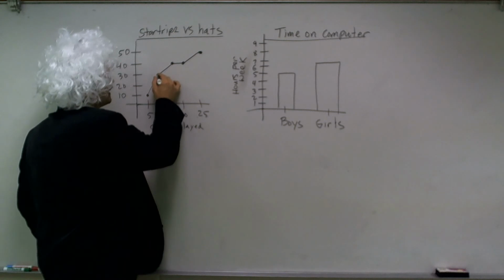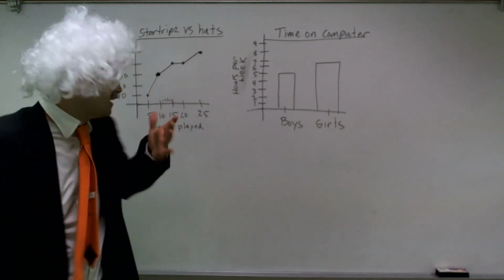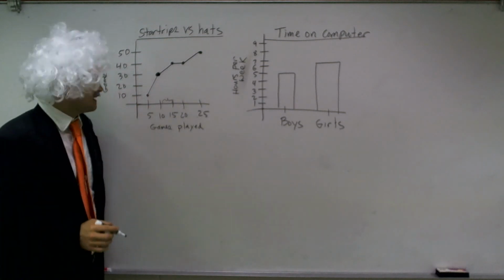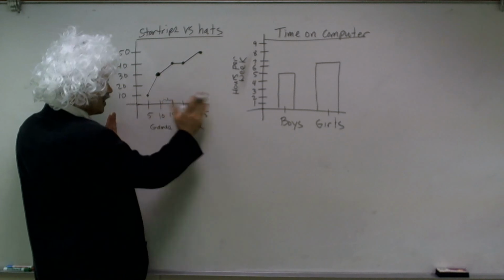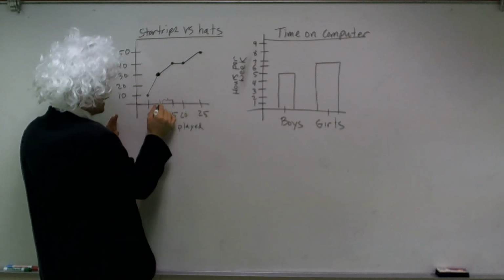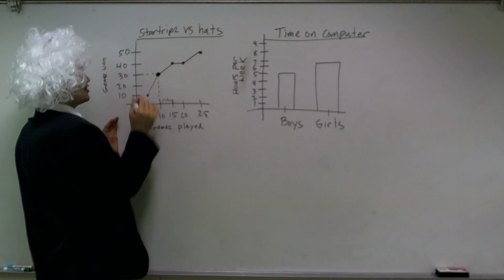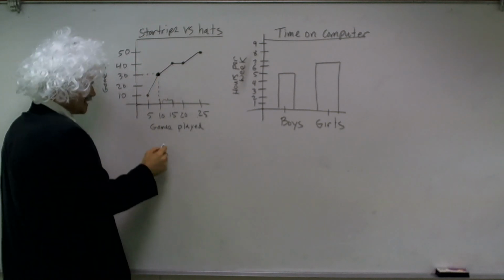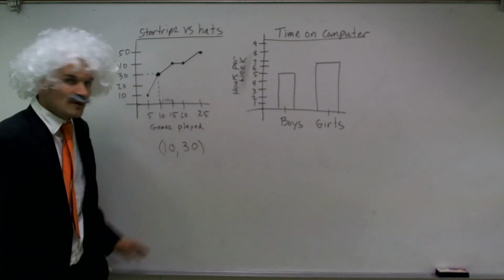So let's say I wanted to find this value. I wanted to understand, what does that mean? Why do we have that point up there? Well, first of all, I'm going to look over and say how far on this axis is that point. You can say it's over about 10 and up, and it's also about 30. So I could say my point, which we'll get into more later, is (10, 30).